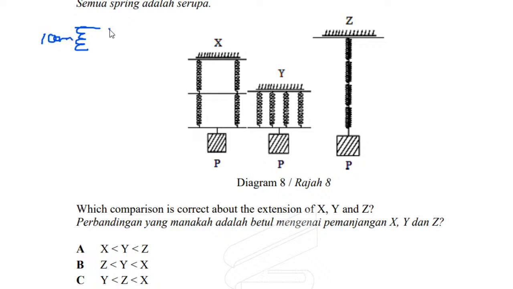And if P is attached to the spring, and the length of the spring becomes 12 cm, let's say. Can you determine the extension of X, Y, Z? My question is extension, not the total length.